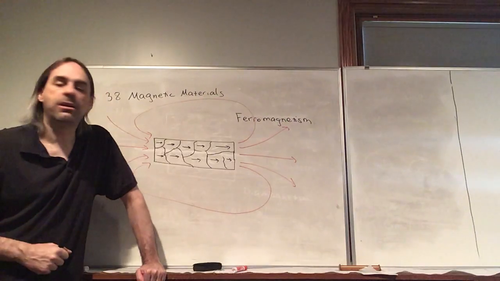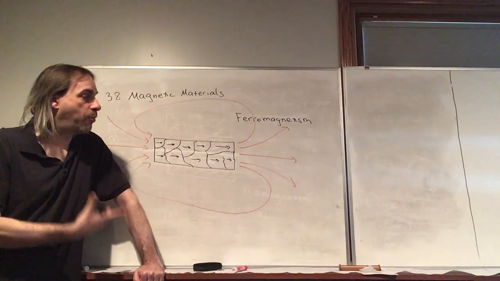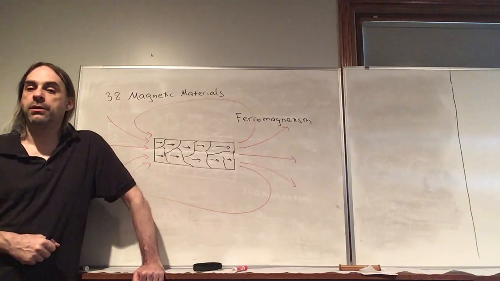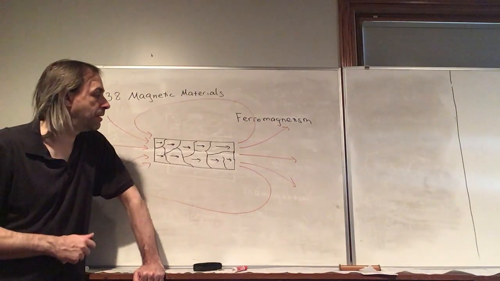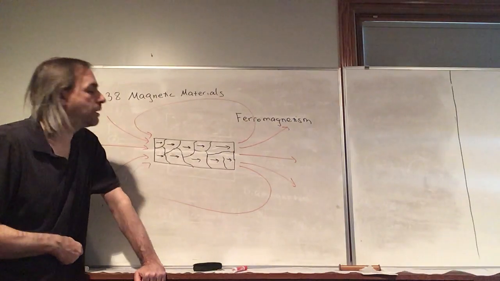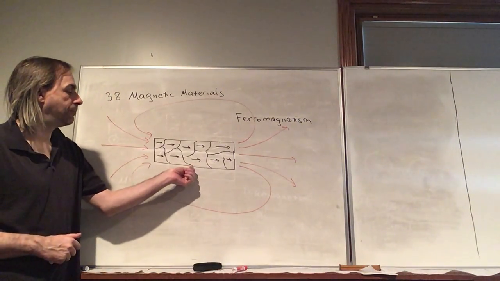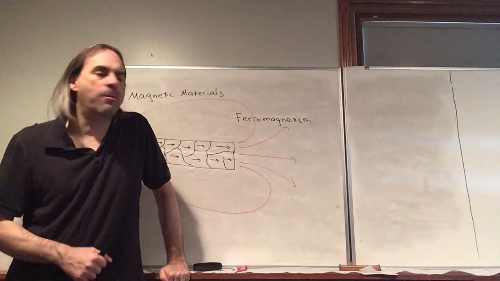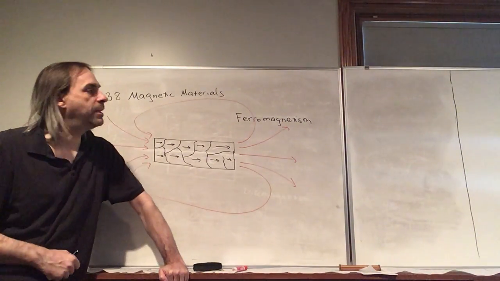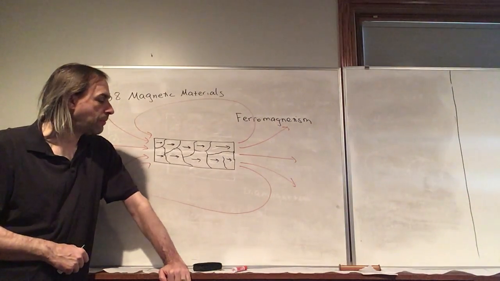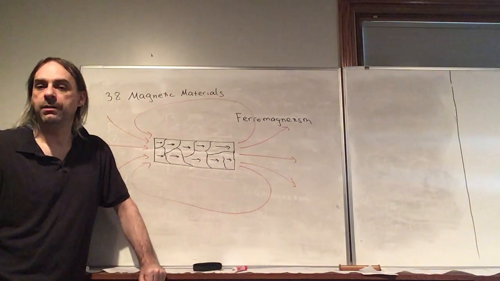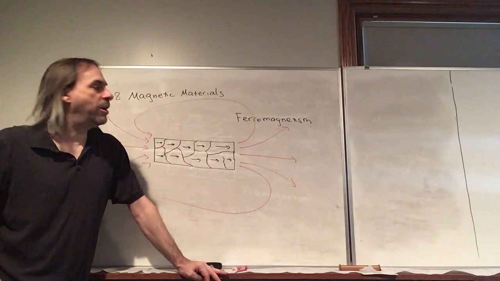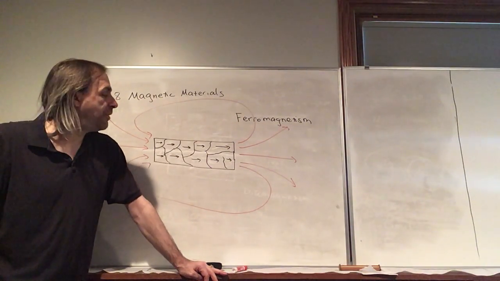Now, there are other materials that you could use to create what we call permanent magnets. There are some rare earth materials that can create much stronger effects than we'd get with iron. But basically we have a permanent magnet here. And maybe permanent should be in quotes because it's possible to demagnetize this permanent magnet. One way to do it would be to heat it up.